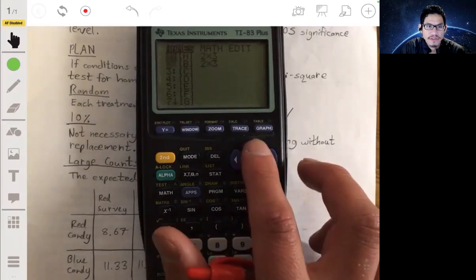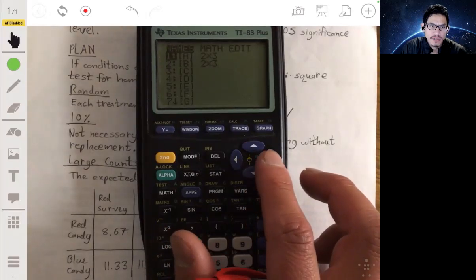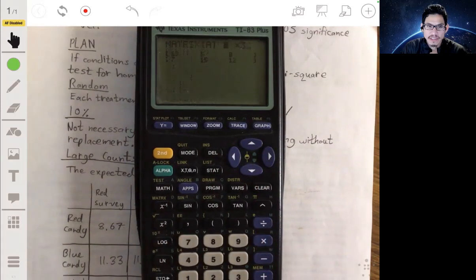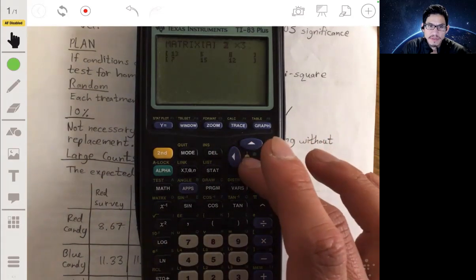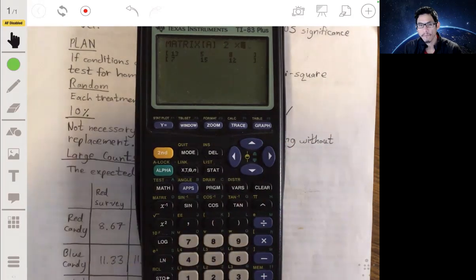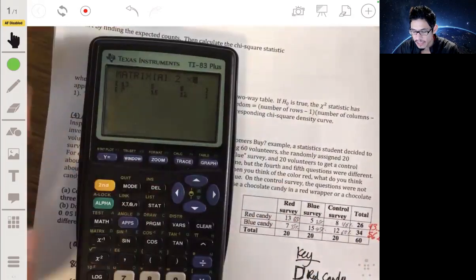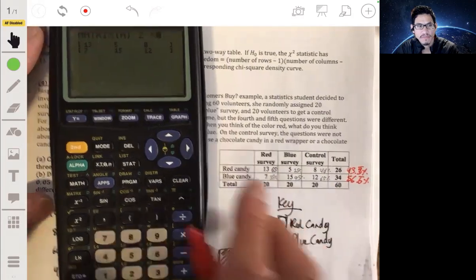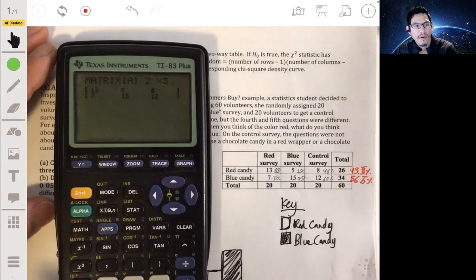And if yours are not maybe in 2x3s, go to edit and select matrix A and change it so it's a 2x3 matrix, so it matches the dimensions of what we have here. And then you're going to enter in that 2x3 matrix the observed counts, the 13, 5, 8, 7, 15, and 12, like here. So make sure your matrix looks like that.